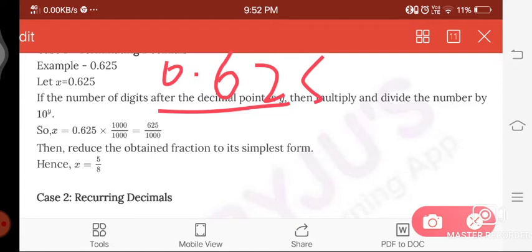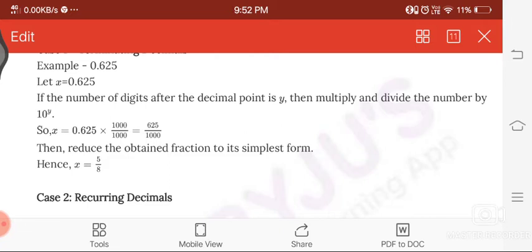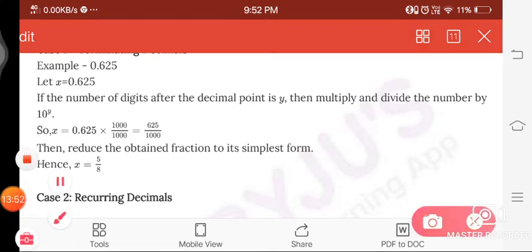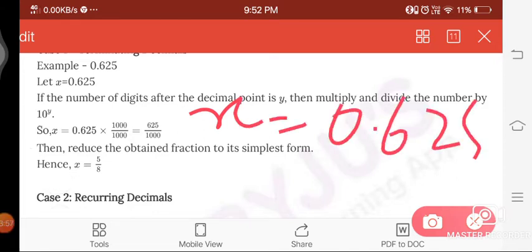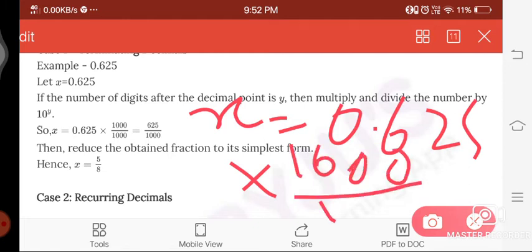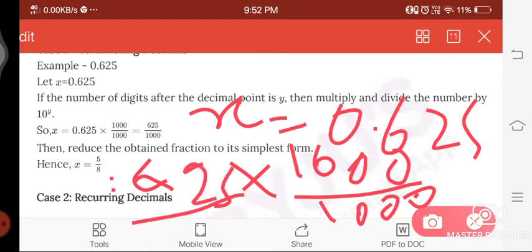If the number of digits after the decimal point is y, then multiply and divide the number by 10 to the power y. So x is equal to 0.625 multiplied by 1000 by 1000, then it will be 625 divided by 1000.